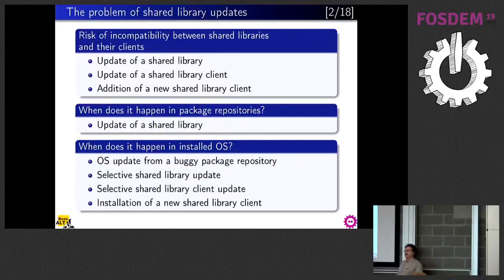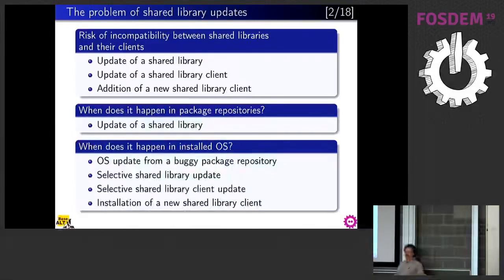This happens in repositories when the shared library is updated. It's a much rarer case when an application in the repository is updated. It's usually compatible with the shared libraries it used during the build, but sometimes it can happen. But mostly it's a shared library update.